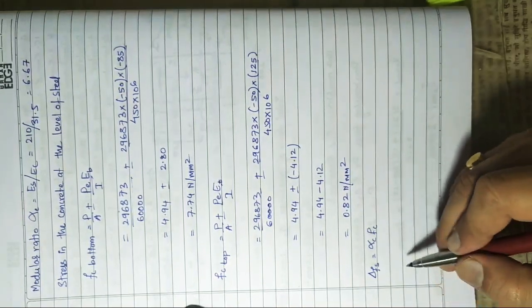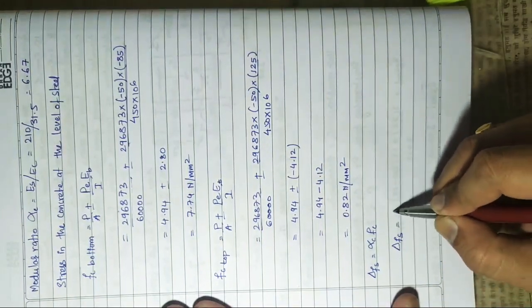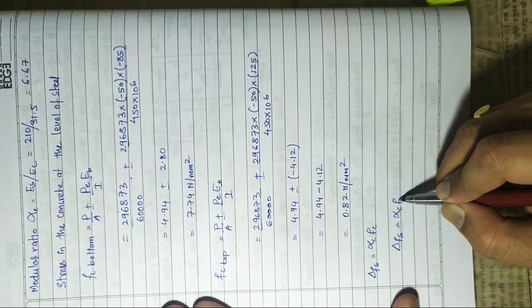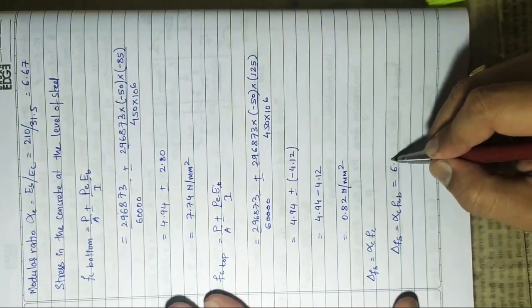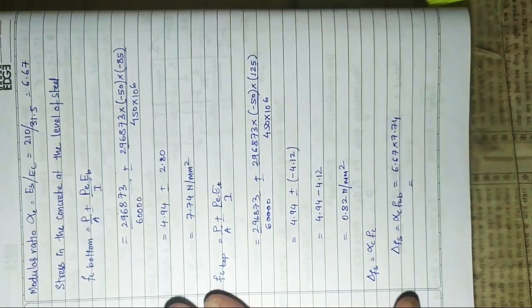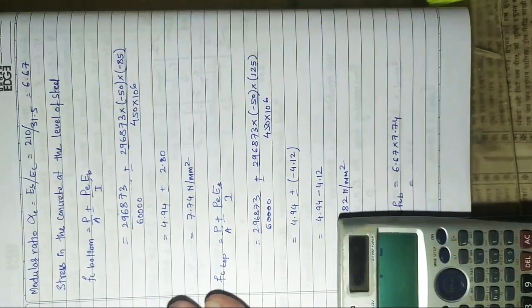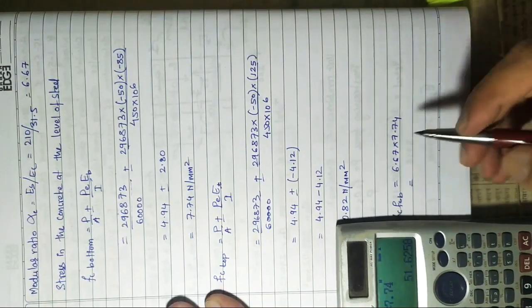Using this formula, delta Fs is the modular ratio into Fc at the bottom: 6.67 multiplied by 7.74.